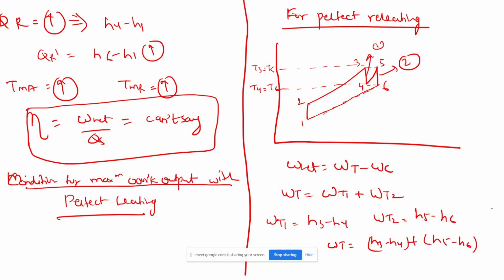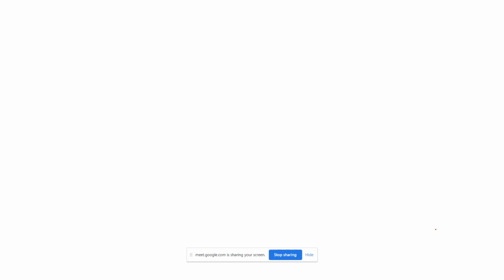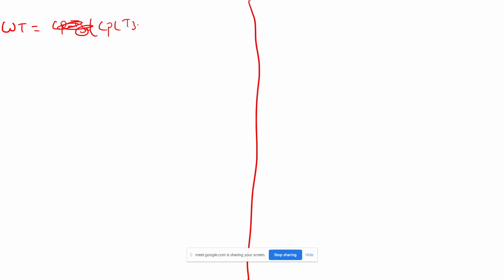So we can also write turbine work equals Cp into (T3 minus T4) plus Cp into (T5 minus T6).